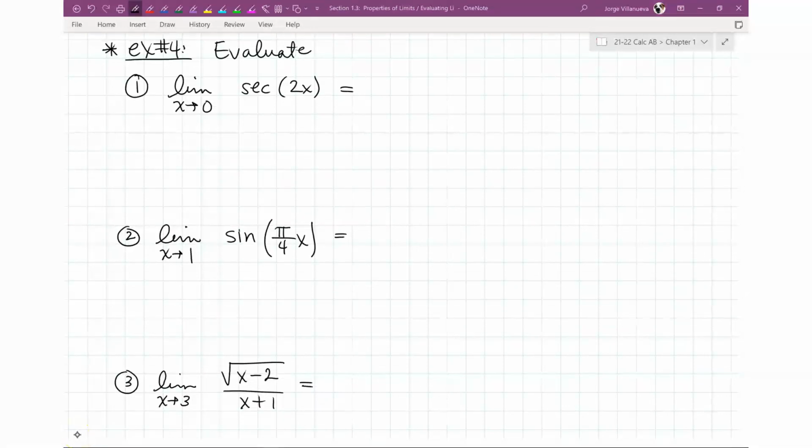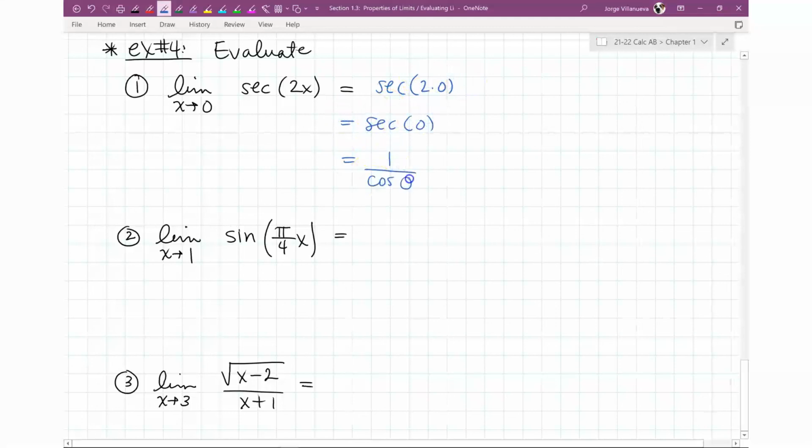All right, so let's go ahead and look at this, guys. For the first one, you're going to do direct substitution, right? So you get secant of 2 times 0, which is just secant of 0, which is 1 over cosine of 0, if that might make it easier for you. What's cosine of 0? 1. So this is 1 over 1, right?